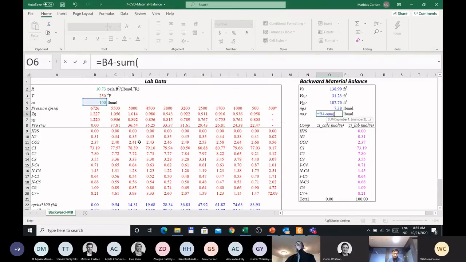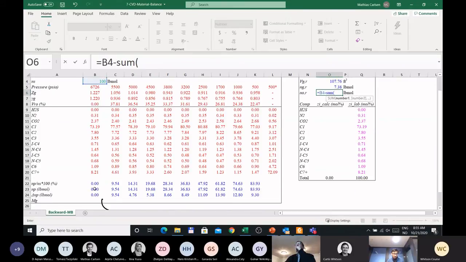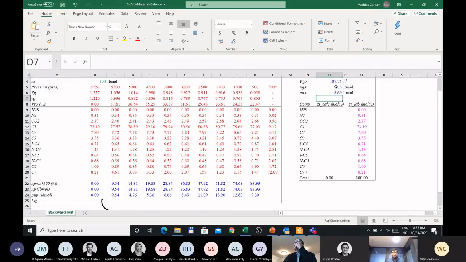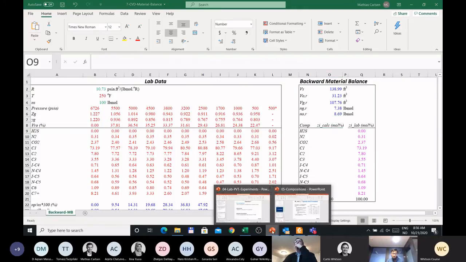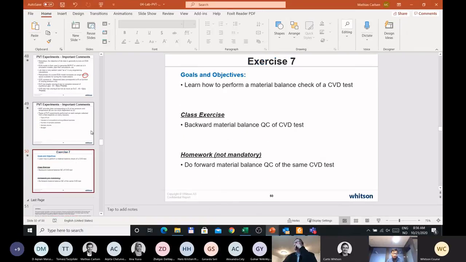So that is the sum of these numbers here, this delta NP, the incremental moles, that's calculated already here, and then minus the moles of the gas phase. Okay. Yeah, and now we just need to use the equation that we have shown here.